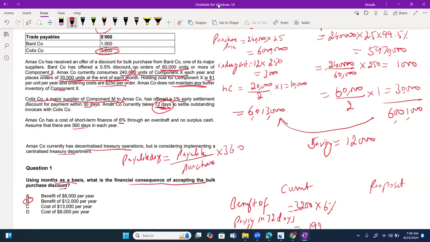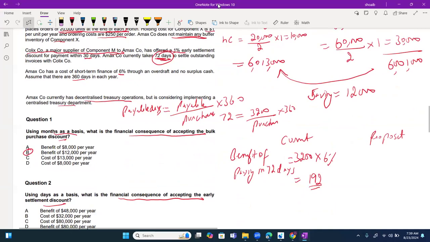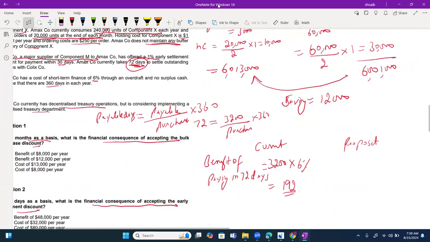You have the payable, 3200. You have the payable days. So you can calculate the purchases. So 3200 divided by 72 into 360. It's 16,000, 16 million. So purchases are 16 million.